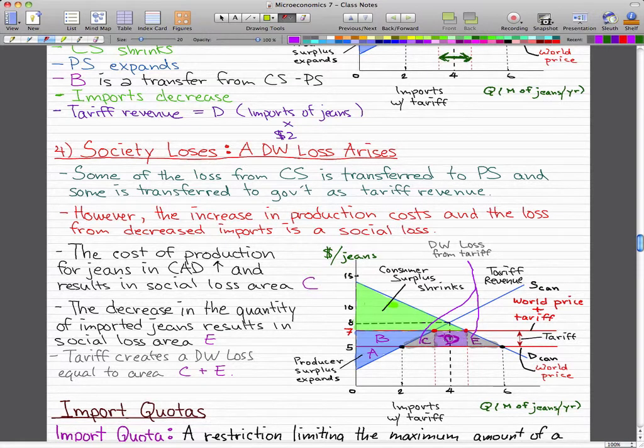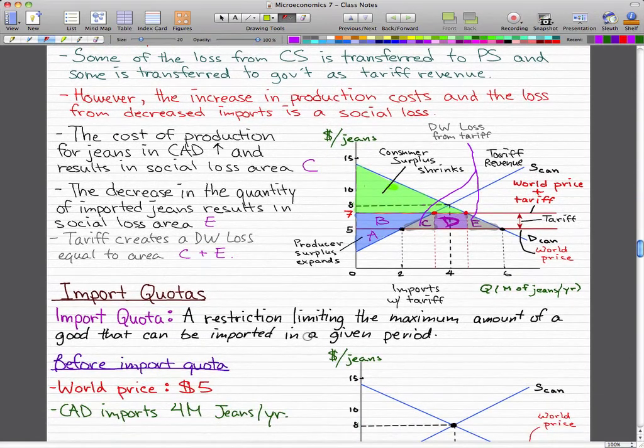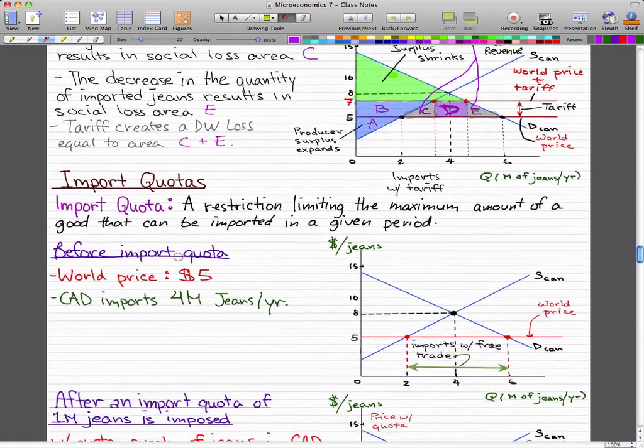So then we have this square area D, and then this triangular area C and E. We know that this equilateral, well, I don't really remember my triangles anymore, but this green triangle here above D is actually a consumer surplus. So the triangles beside this square area D are actually our deadweight loss. So that's the easiest way to know what our deadweight loss is.